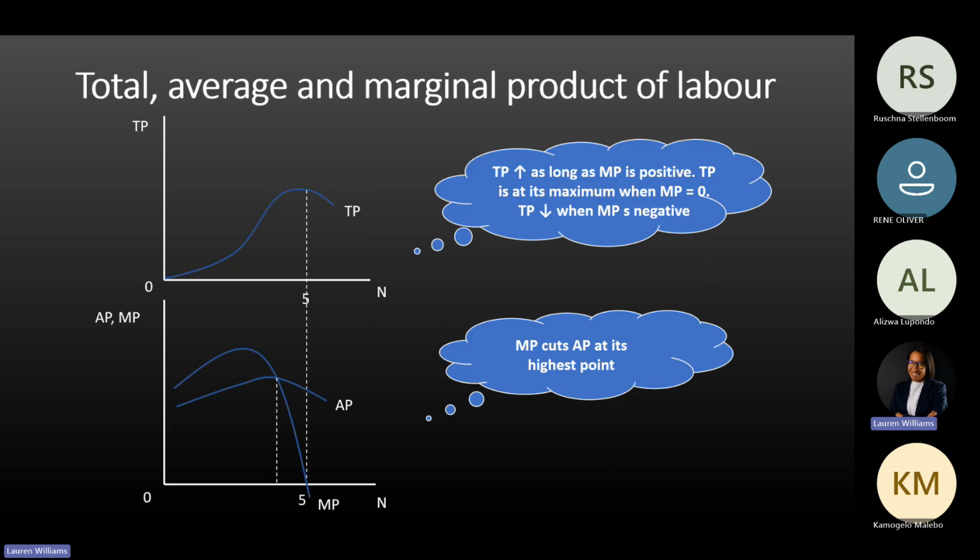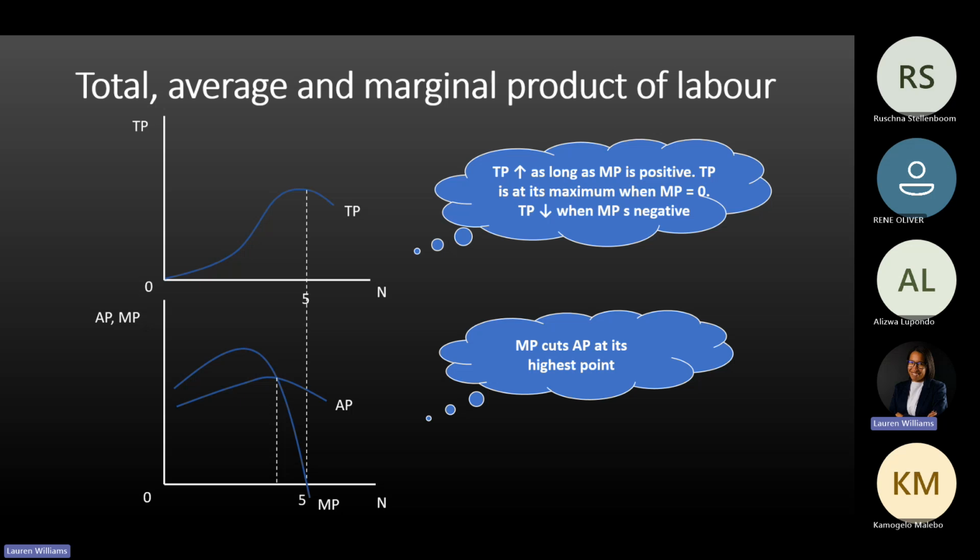Okay. So essentially, this is what the basics of it is, where your average product increases at an increasing rate, and at that point, your marginal product is greater than your average product. At a point where your marginal product and your average product intercept with each other, your total product then starts to increase at a decreasing rate.